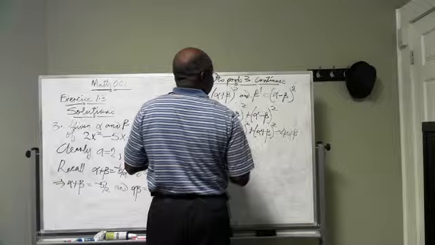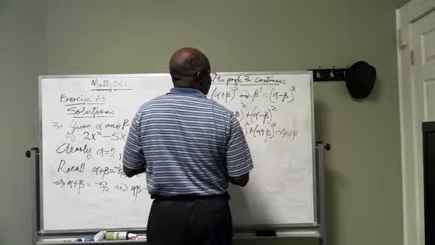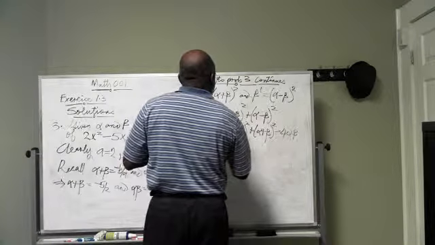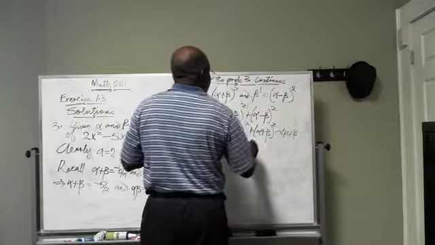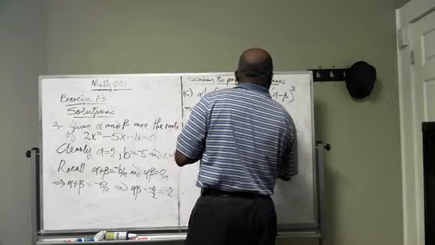This is equal to 2 into alpha plus beta all squared minus 4 alpha beta.